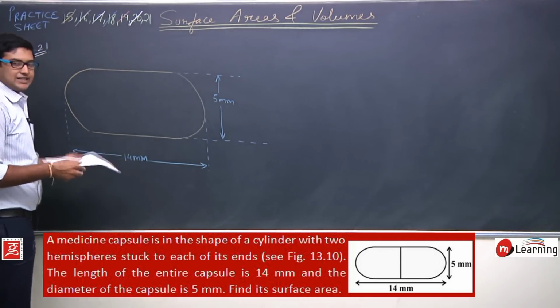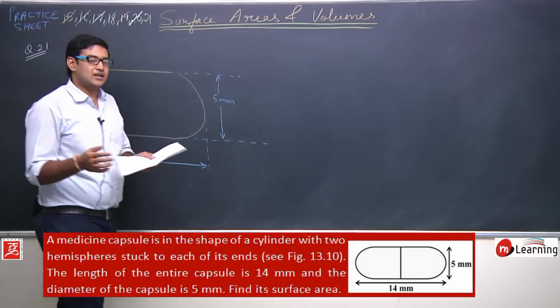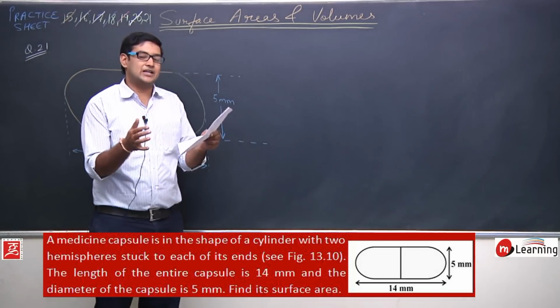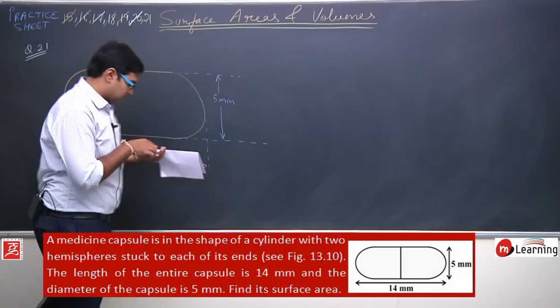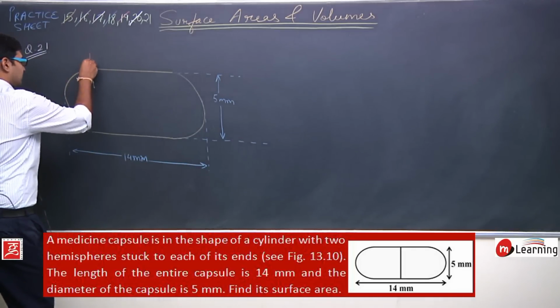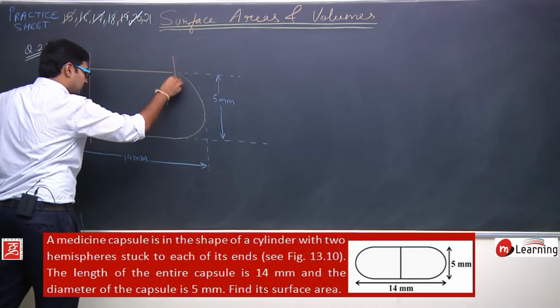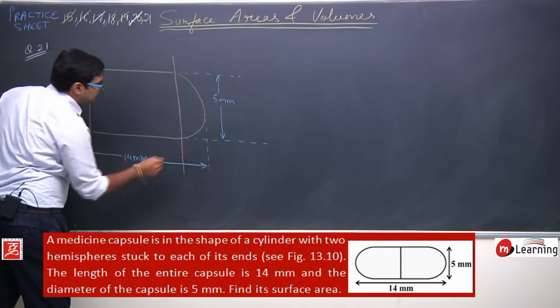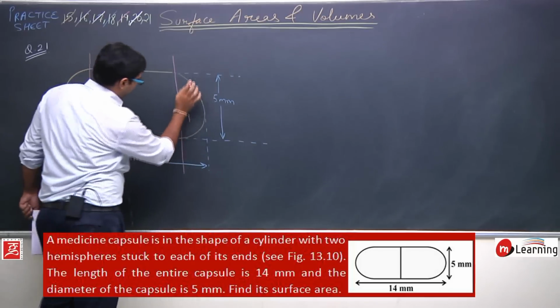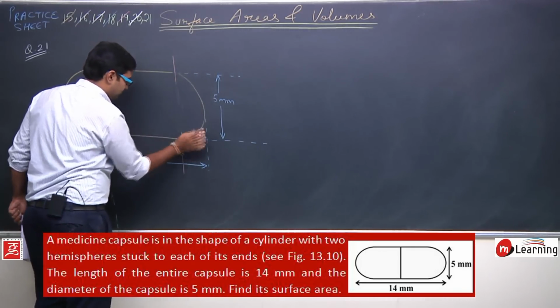Now it says that this capsule is made up of a cylinder and there are two hemispheres stuck at the ends of this cylinder. So I can divide this figure into three parts.